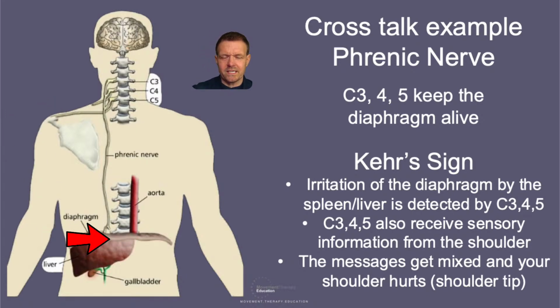This is why we have to broaden our questions when somebody has pain, because it could be referral, and in this case it's a referral from the liver because of the issues with the diaphragm. There may be some digestive issues going on. There may be some jaundice.